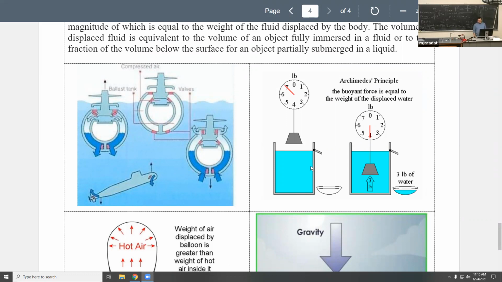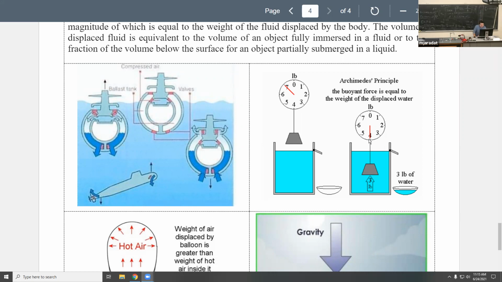It is simply, if we have any object inside any fluid, fluid means air, gas, or liquid, just like water or oil or any liquid material, there is a force of buoyancy from downward to upward.